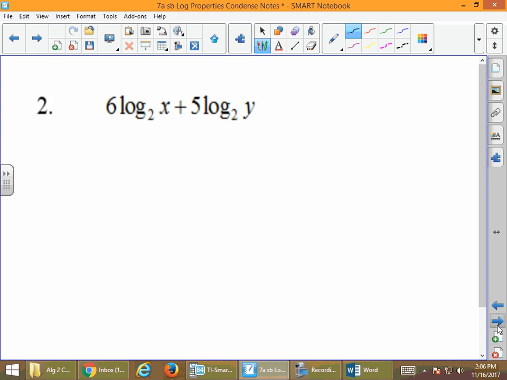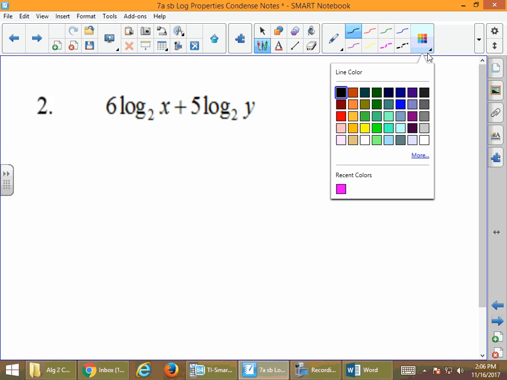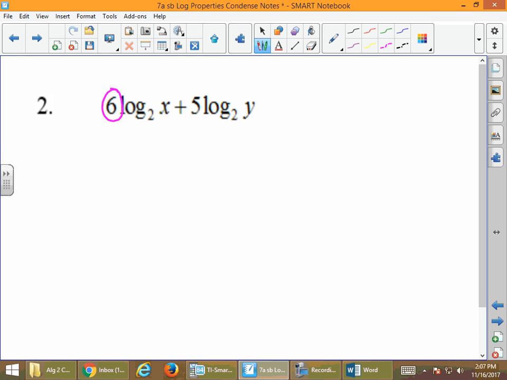Again, power property of logarithms. That's the one we want to look for first. What we see on this particular problem is that we do have a number out in front of the logarithm. We have a coefficient on each of those values. When we have a coefficient, we can take that coefficient and instead write it as an exponent.